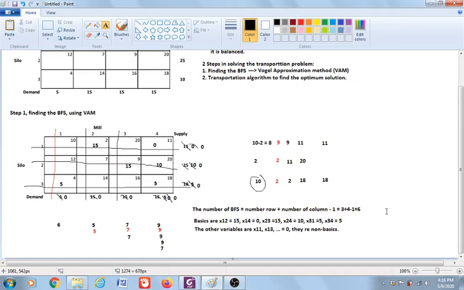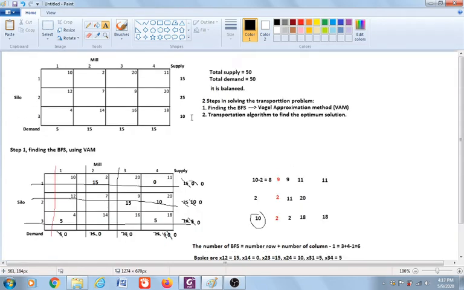We need to do step 2, which is we need to run the transportation algorithm. So in order to do step 2, I need the table that I produced from step 1. So I'm going to copy the original table.